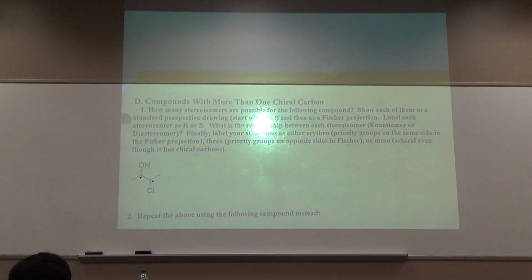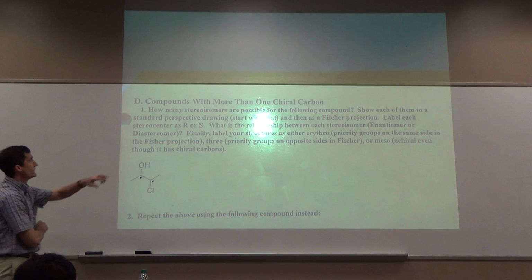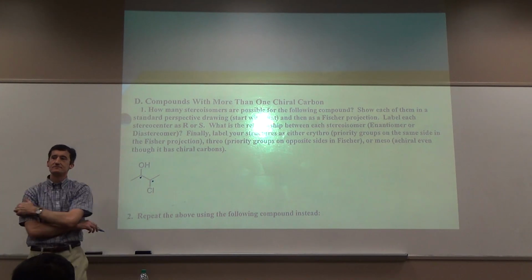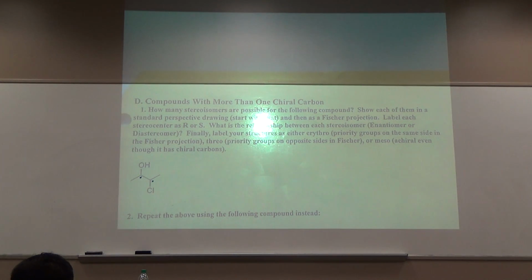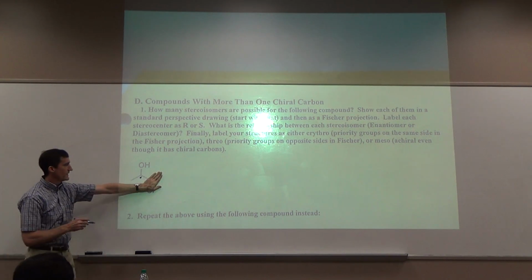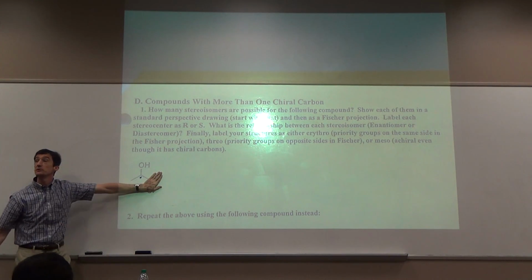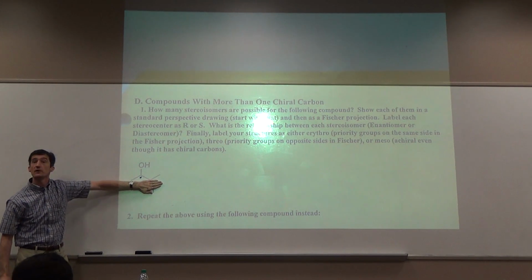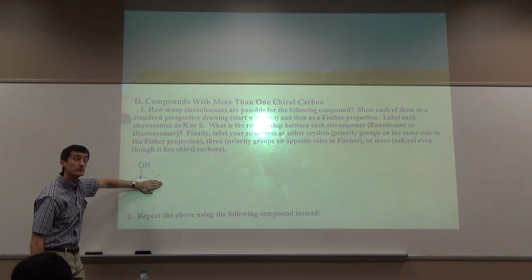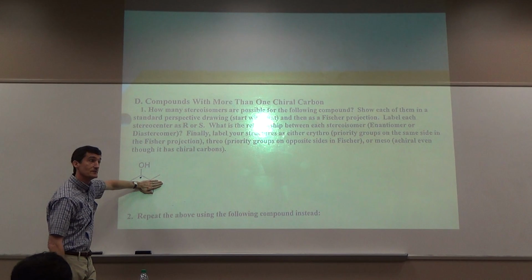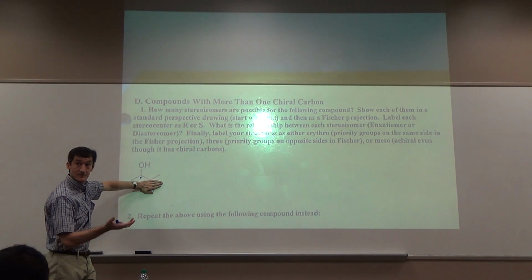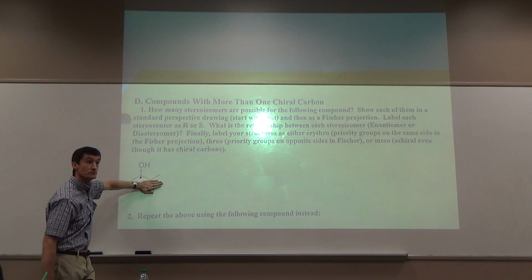How many stereoisomers are possible for the following compound? How many stereoisomers possible for 2-butanol? If that wasn't there, it'd be 2-butanol. 2. So R and the S form.